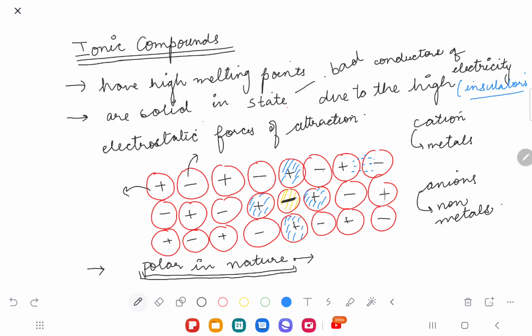Okay? Next part that we have also discussed, I suppose, right? Next part is that they have high melting point. So I think all the properties we have discussed. So could you just tell me one thing, that if I have to melt them, then what would happen? If I melt an ionic compound, what would you say about the electrical conductivity of the ionic compound?